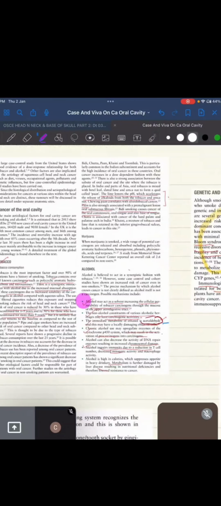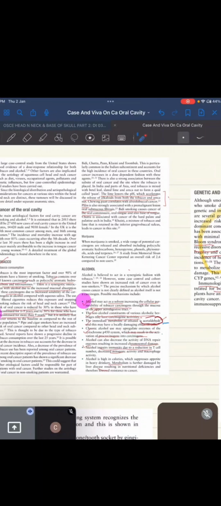Okay, so what all else can you have? See, this is a thing which you can quote. Please have a look over here, the risk of oral cavity cancer. This is a very common viva question. They'll say, acha, Dr. Sahab, there is a person who comes to you and he says, I stopped smoking 2 years ago. How will you counsel him about the percentage chance that he will have malignancy in future or not?